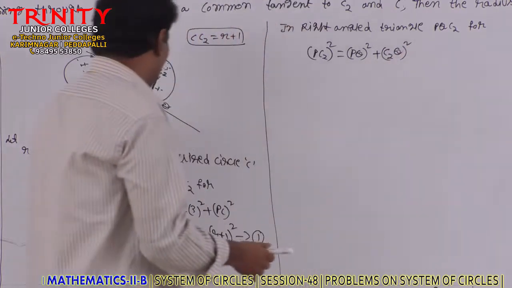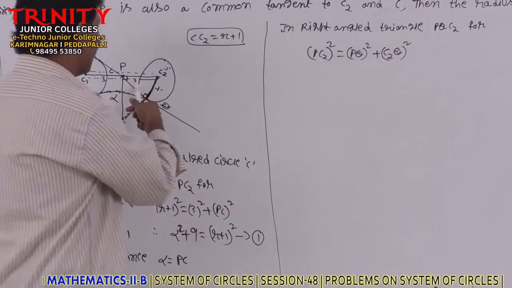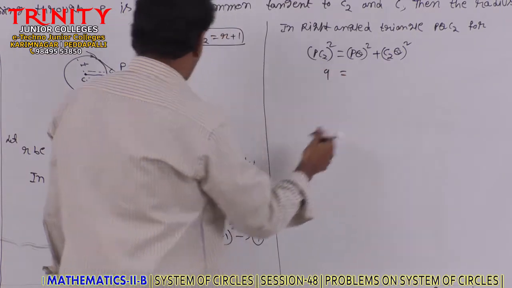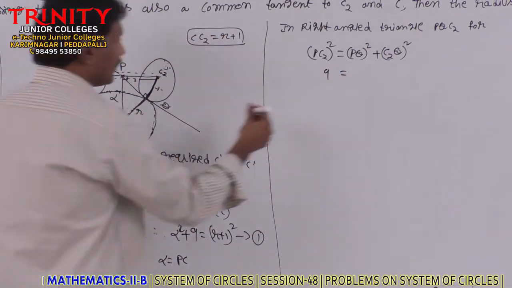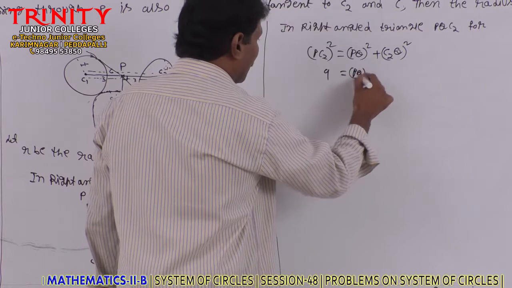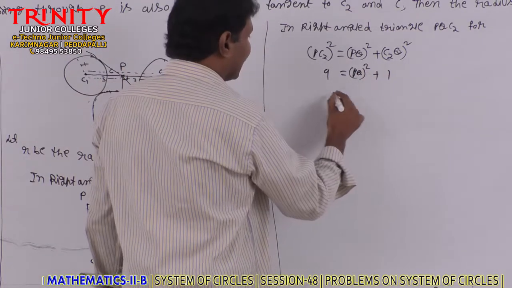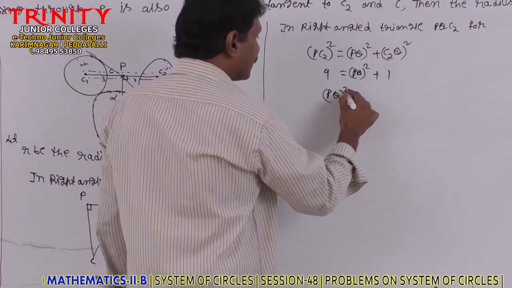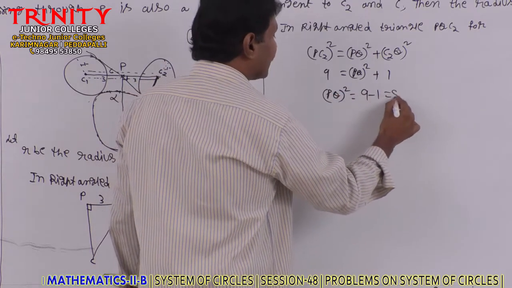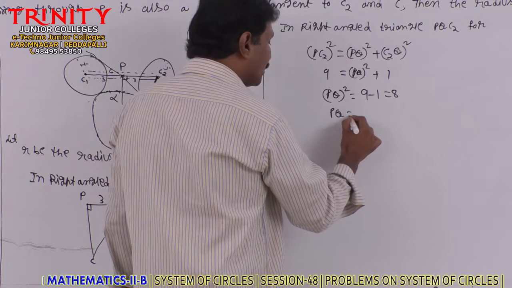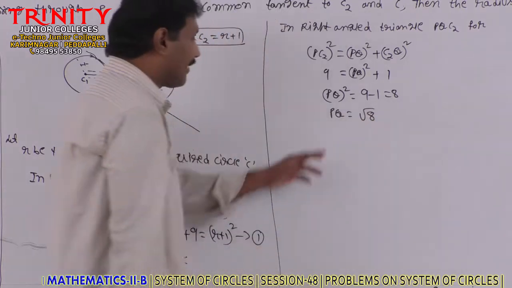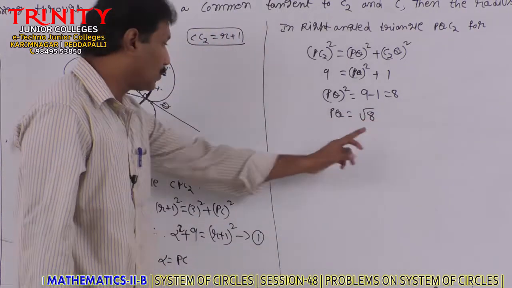PC2 whole square is 9, PQ square is our required value, and C2Q is 1. So PQ square equals 9 minus 1, that is 8. PQ equals root 8.